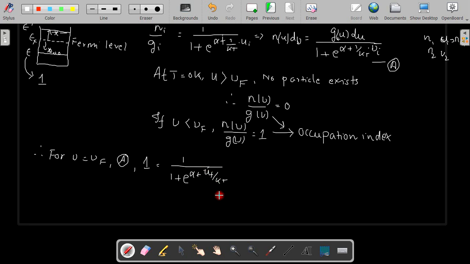Now you can simplify this, cross multiply, there will be a 1 on both sides, so it will become 0, and you will get e to the power alpha plus uf divided by kT is equal to 0, okay.